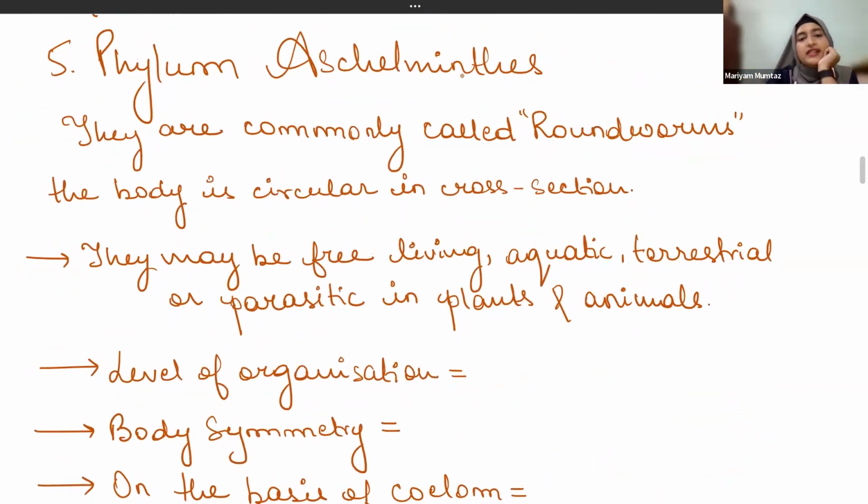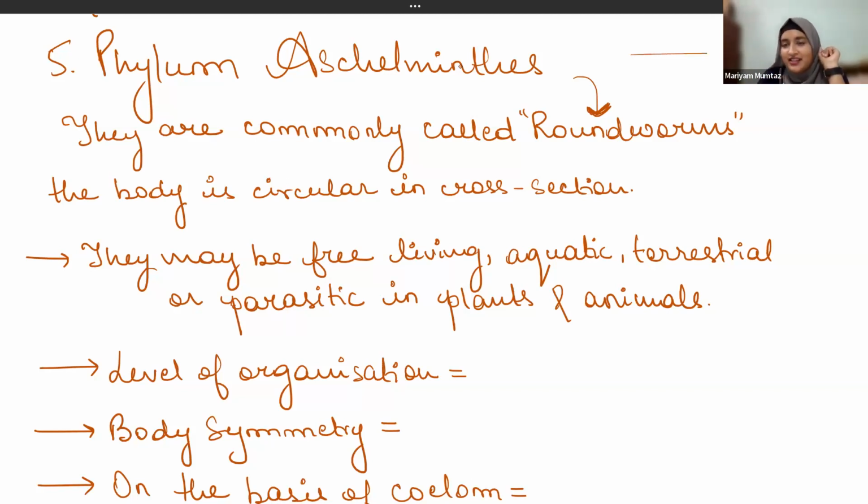Now this phylum contains all the roundworms. The common name or nickname for Aschelminthes is roundworms. Now why are they roundworms? If you cut a roundworm and look at the body, it would appear circular in cross section.